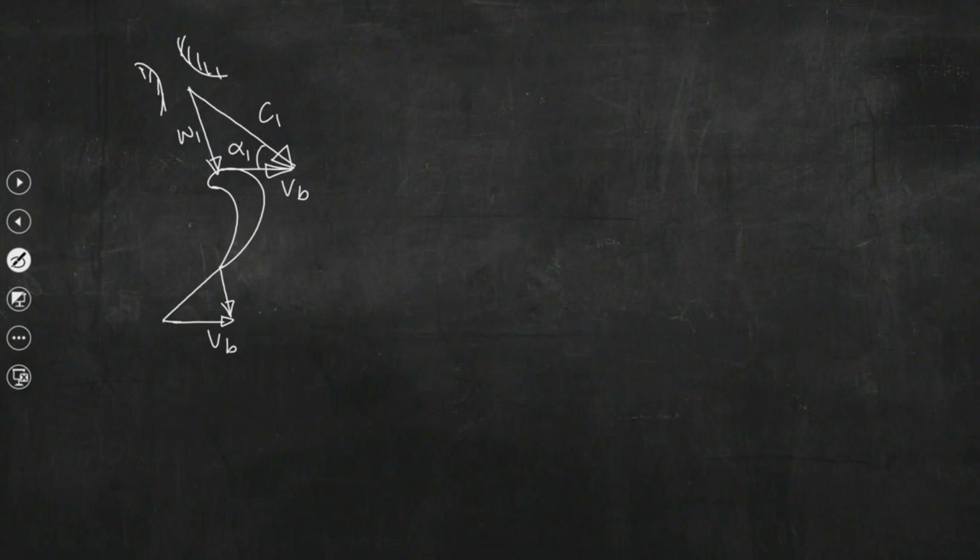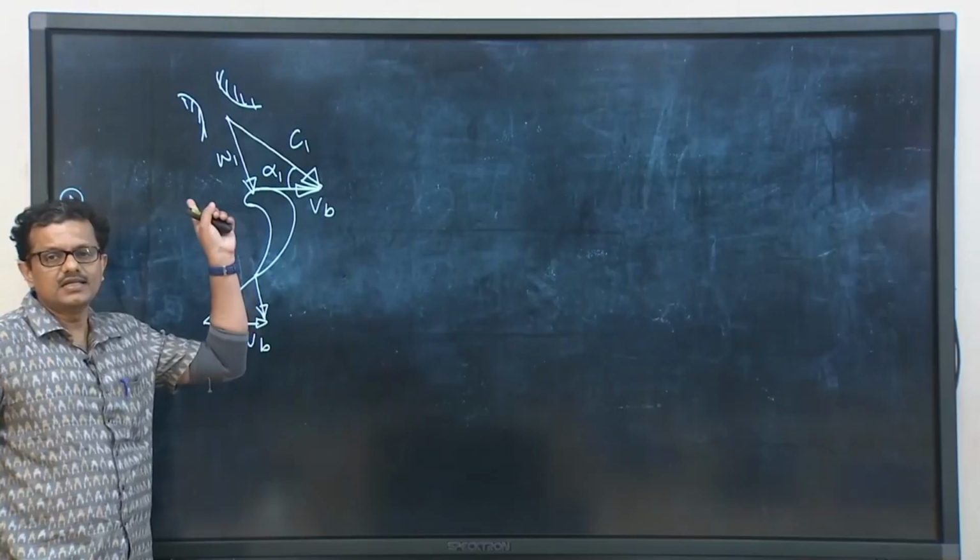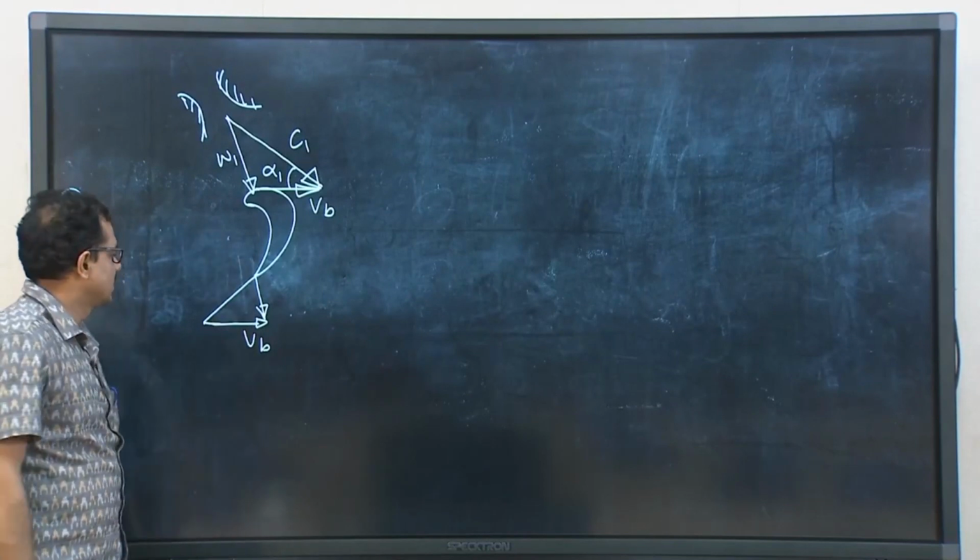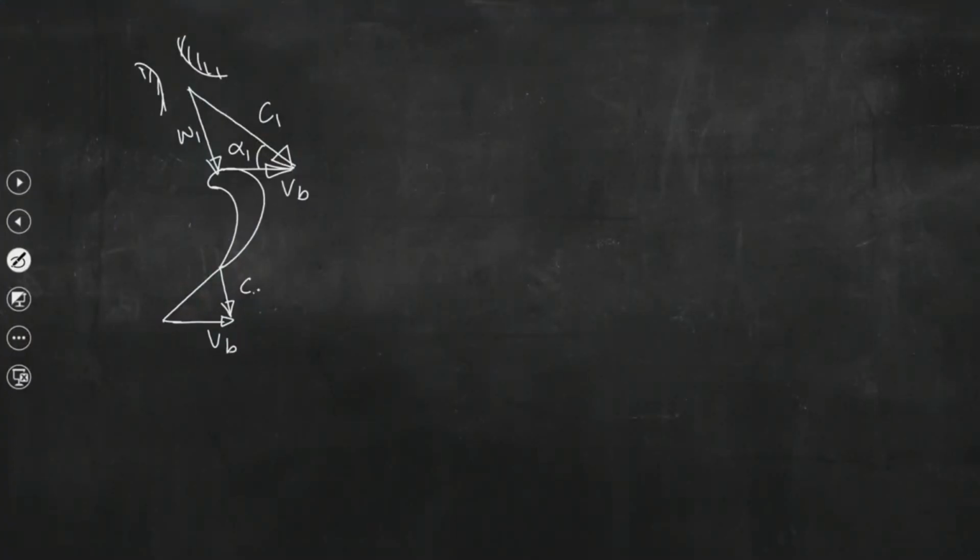The suffix 1 is used to denote quantities at the inlet of the blades. Similarly, this is C2, that is the absolute velocity of steam leaving the blades, and since blades are rotating, relative to the blade velocity this would be the absolute velocity, and we can draw the velocity triangles. So, this particular blade is rotating with n rpm.